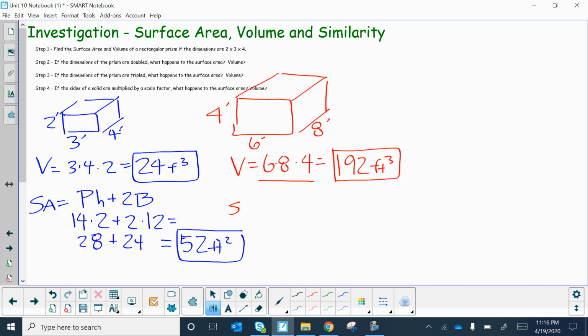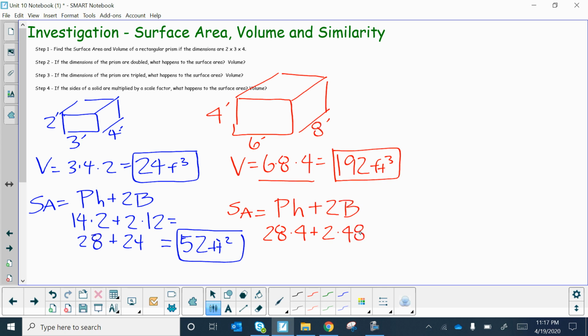Let's do surface area and then we'll investigate how these numbers change. So surface area is perimeter times the height plus 2 capital B. So perimeter of this one is 12 plus 16, 28 times the height, plus 2 times area of the base, which is 48.